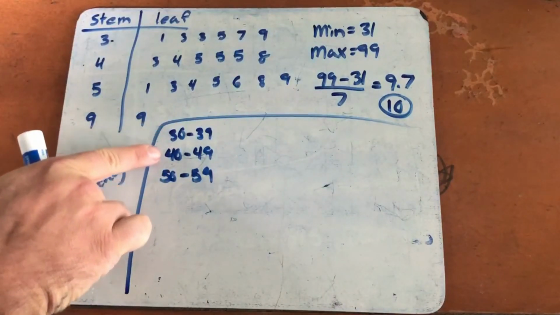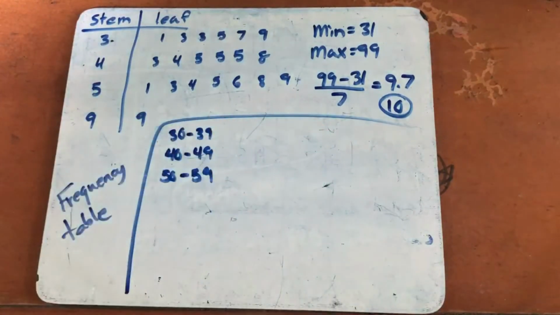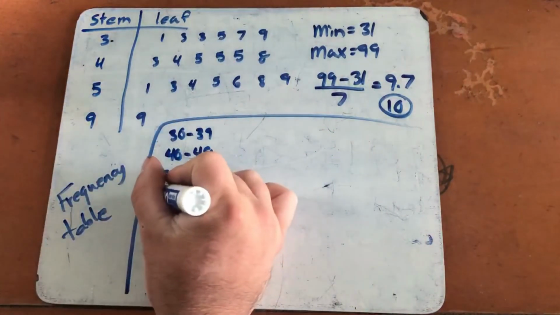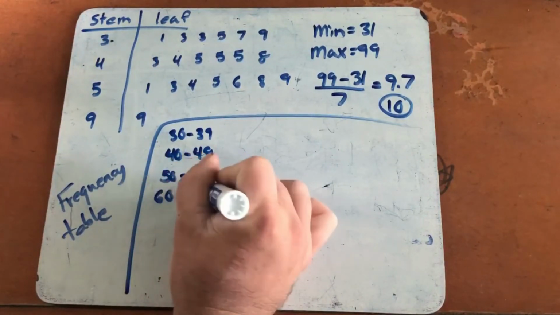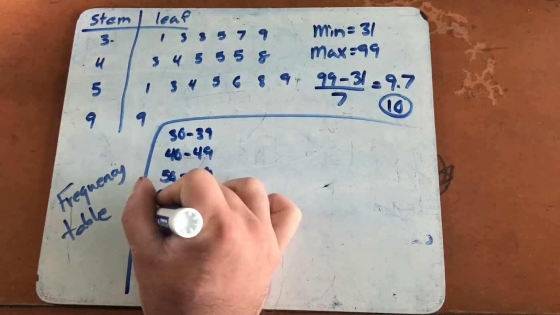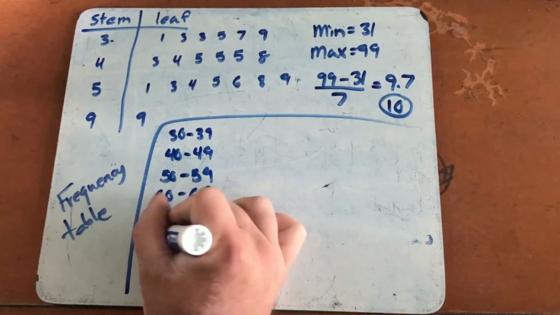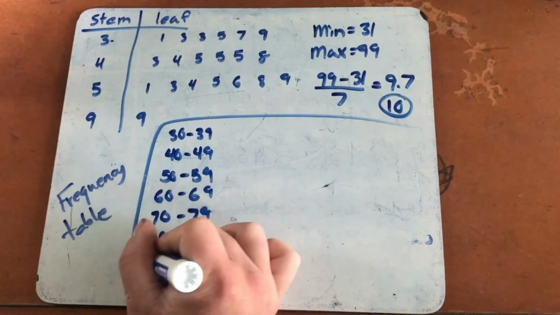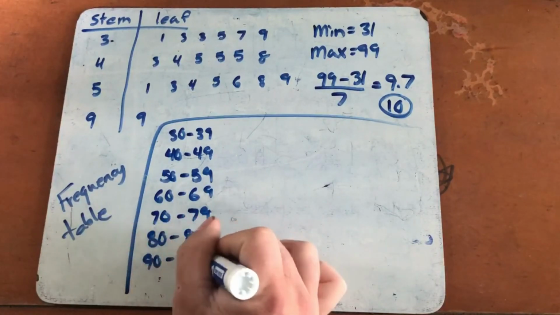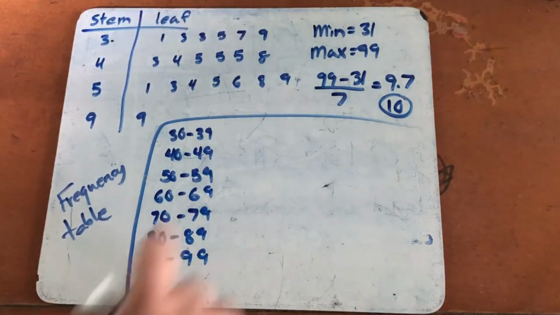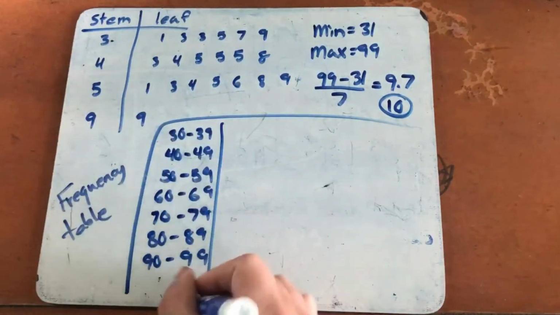Notice each one of these is getting added 10, and that's my pattern. I have to keep going until I go far enough to include the largest number, which is 99. So here are my groups.